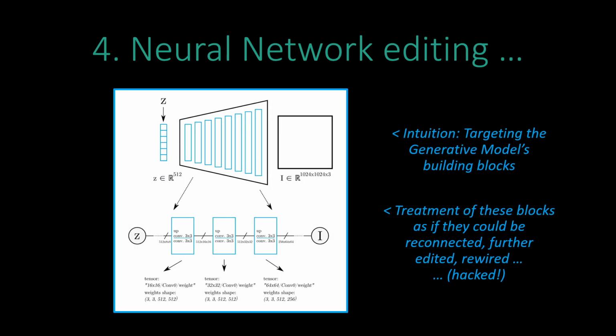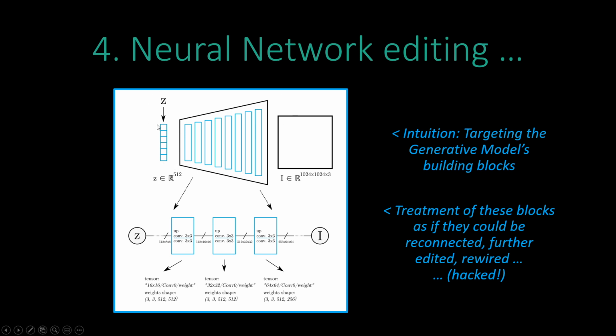And the fourth type of interaction in the classification that I arbitrarily chose is that you can treat these generative models and look at the different building blocks that were used to create this.